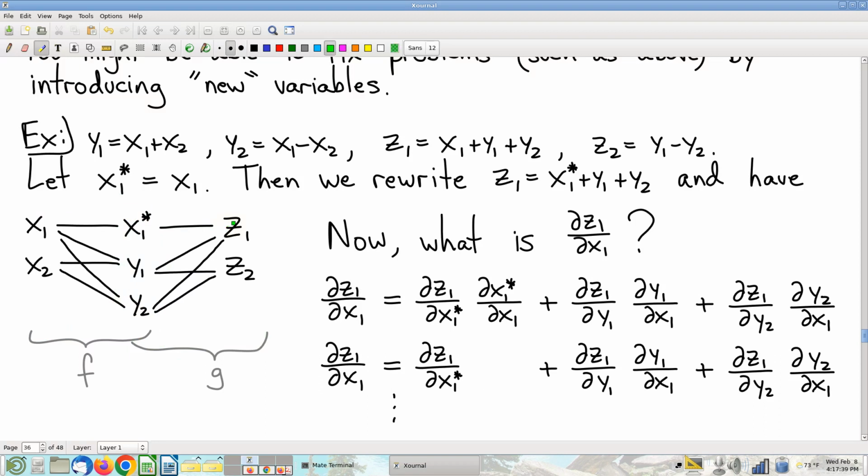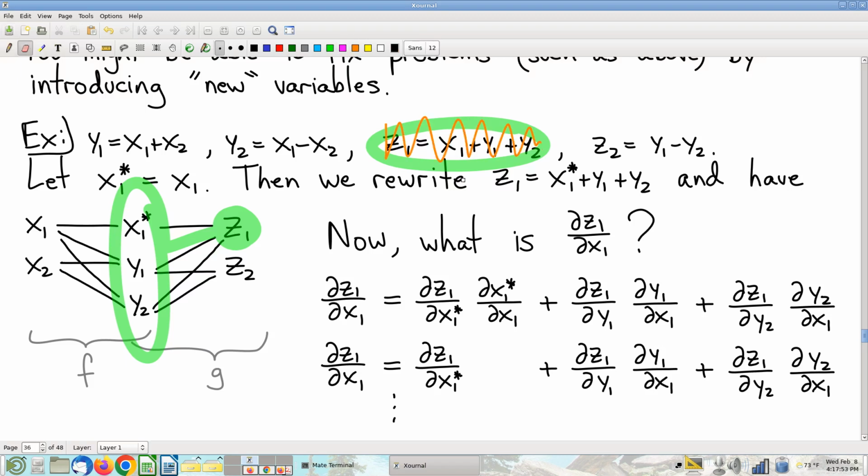In particular, z1, previously a function of x1, y1, and y2, now is a function of x1 star, y1, and y2.